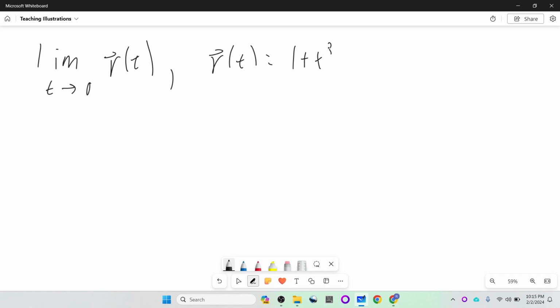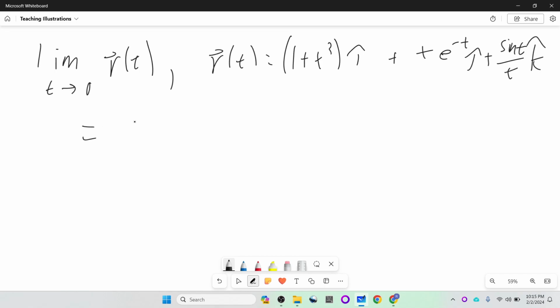So let's do this example. Find the limit as t goes to 0 of r(t), where r(t) is (1 + t cubed) i plus t e to the negative t j plus (sine t over t) k.